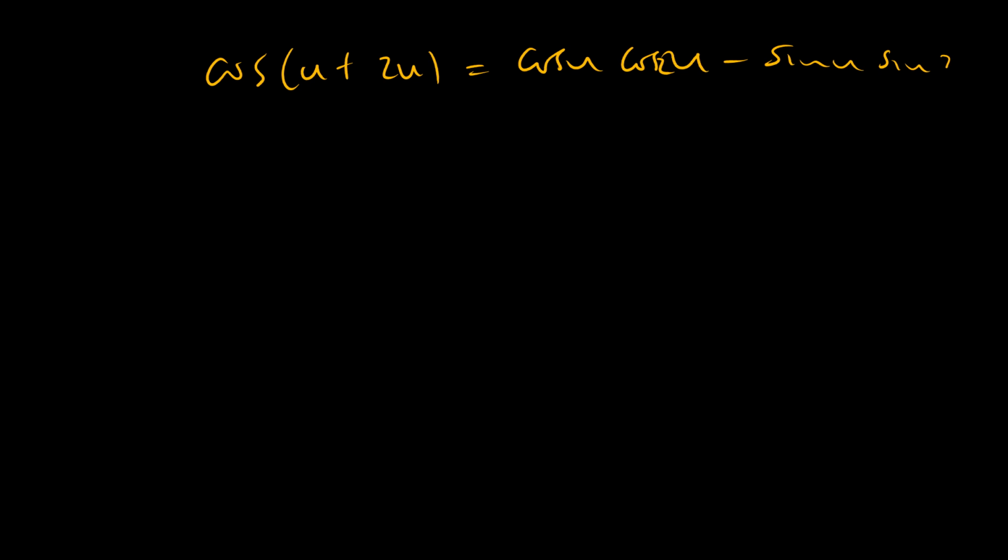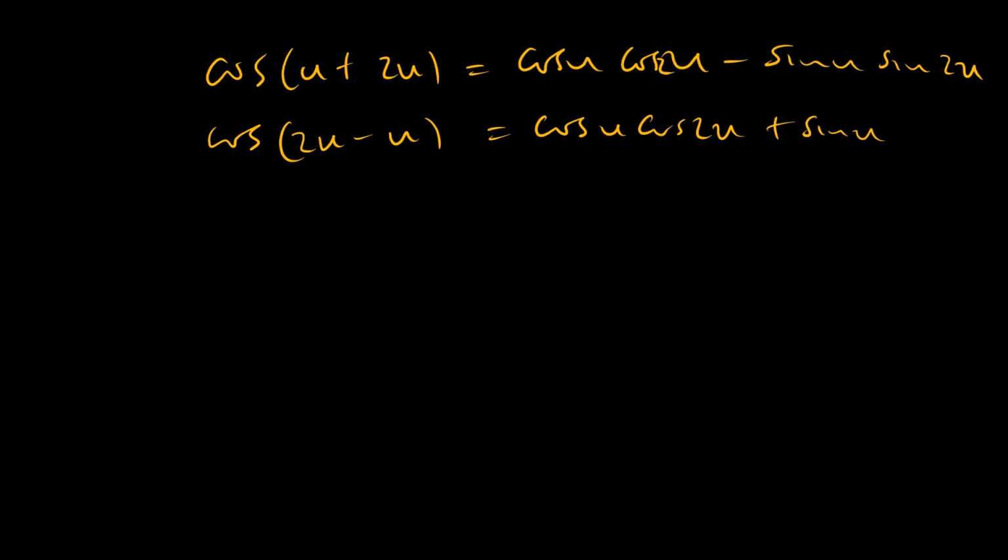Then if you have cosine of (u plus 2u), you get cosine u cosine 2u minus sine u sine 2u. Cosine of (2u minus u) is equal to cosine u cosine 2u plus sine u sine 2u.